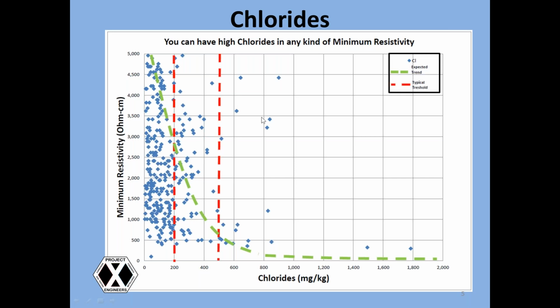And you can have chlorides up to the 800s parts per million, 600s, very easily, way up there, over 400 parts per million sometimes. So the point of this is basically you don't know until you test.